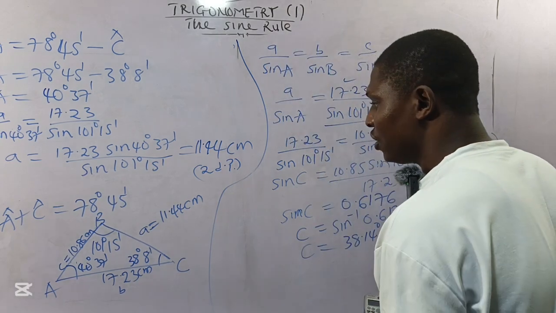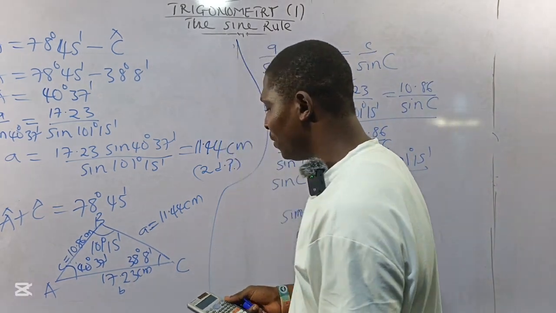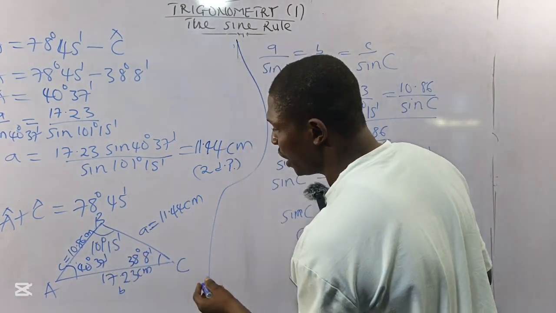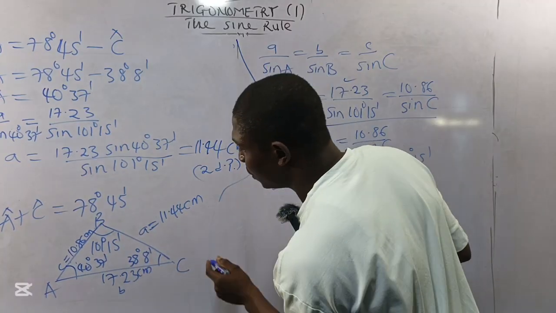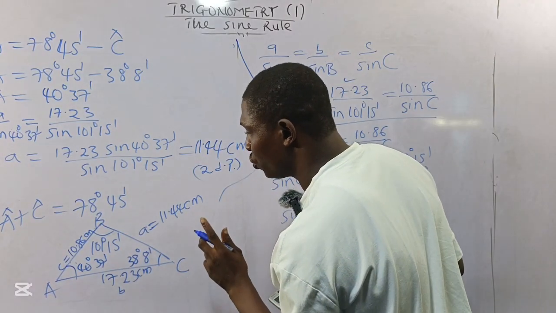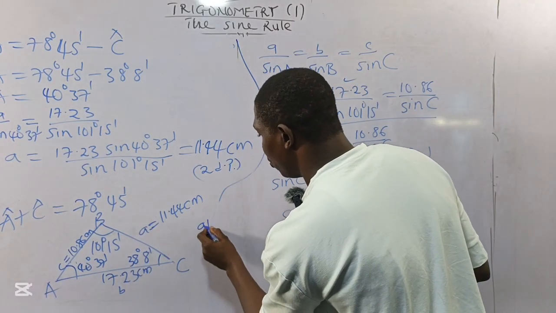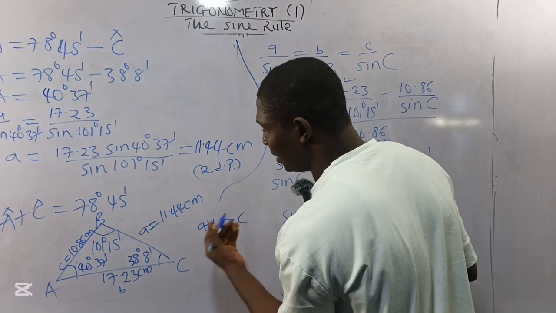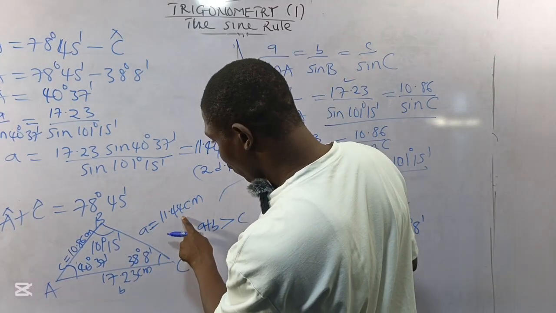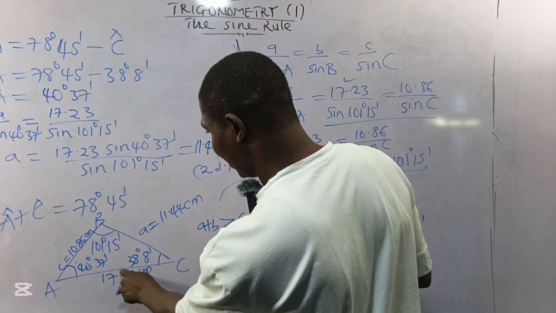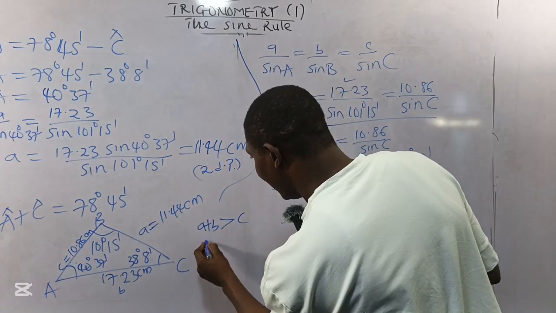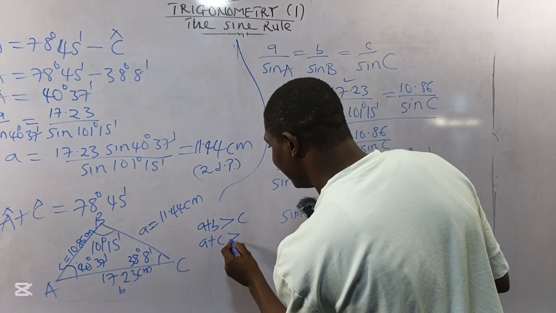And remember what I told you, the sum of two sides must be greater than the other side. Check for something to be a true triangle: A plus B is greater than C. 11.44 plus 17.23 is greater than 10.86. Again, A plus C is greater than what?